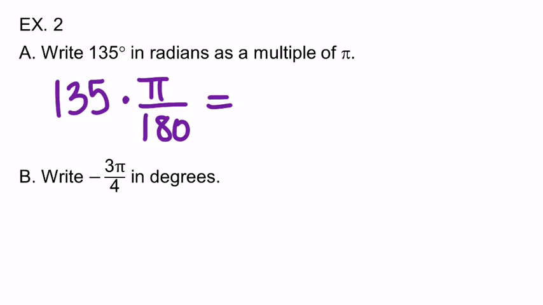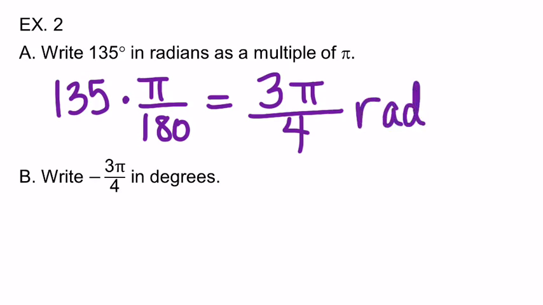I want to leave pi in my answer. So what I'm going to do is do 135 divided by 180 and just reduce the fraction. If you do 135 divided by 180 and then do math, enter, this reduces to 3 over 4. So that means 135 degrees is the same thing as 3 pi over 4 in radians.